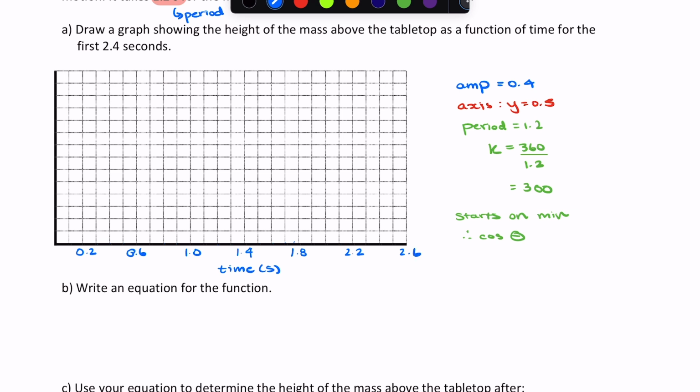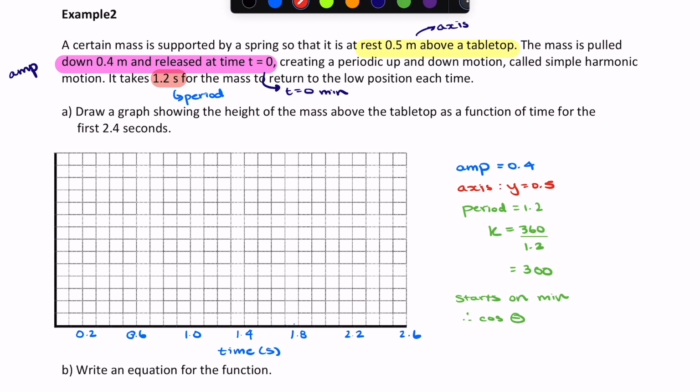And so we'll finish here off at 2.6. In our y-axis, that will represent our height of the mass in meters. So we'll go up by 0.1 again, and we'll show every 0.2: 0.2, 0.4, 0.6, 0.8, and we'll finish off here at 1.